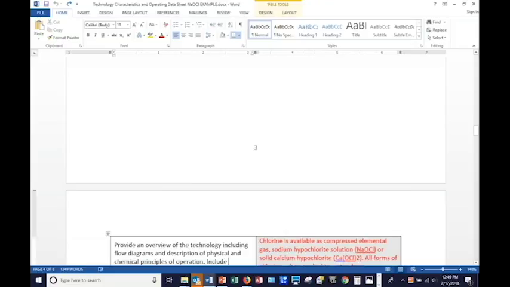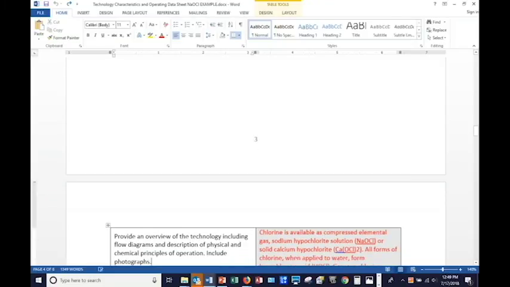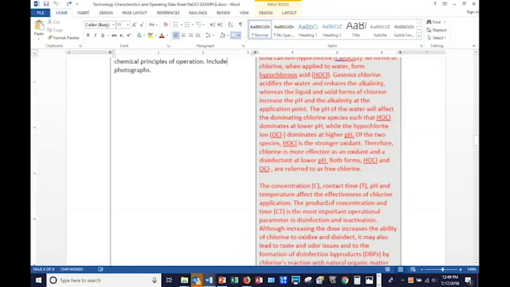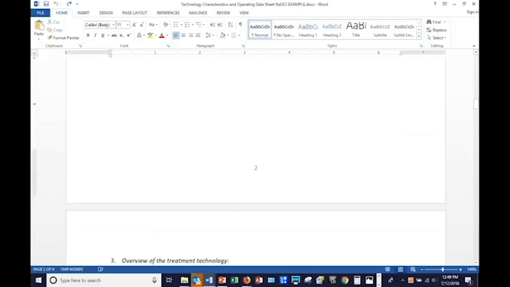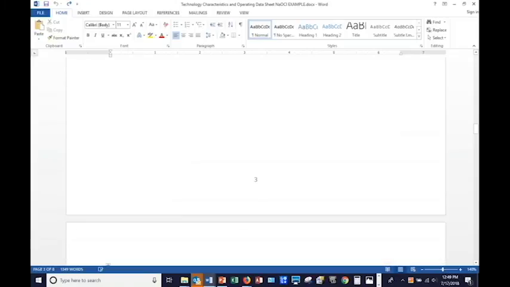So then the next piece of this, sorry to be jumping around a bit, is the overview of the treatment technology. And that'll come up here in just a second. There you go.